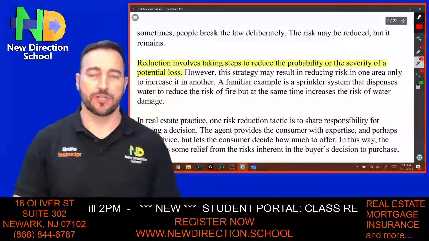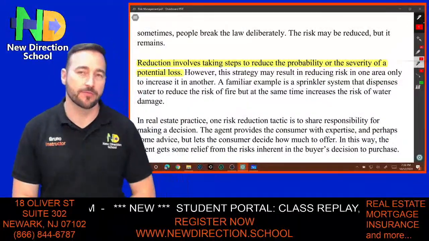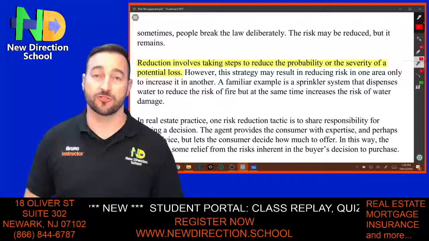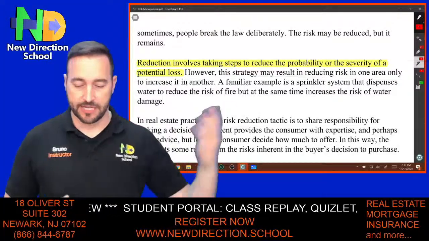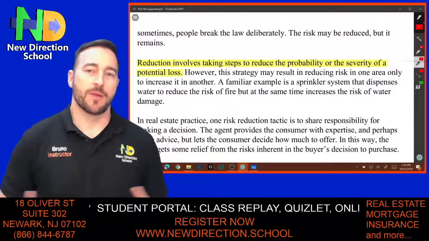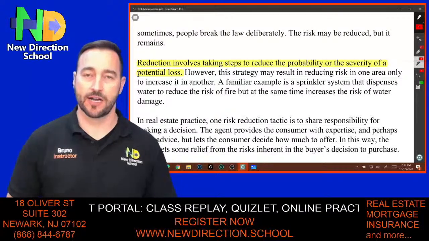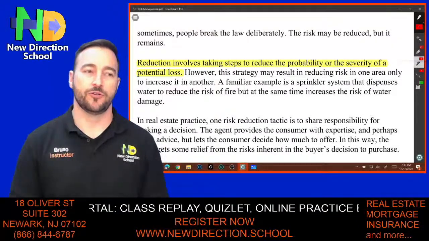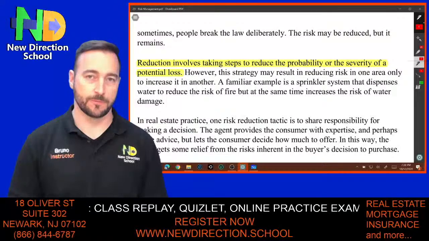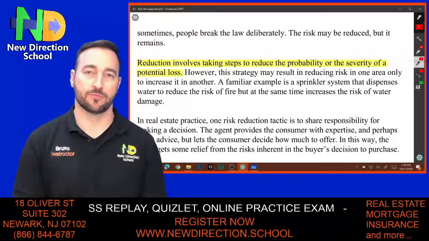Reduction involves taking steps to reduce the probability or the severity of potential loss. Imagine that you're going to a house as a professional, and your job requires that you look at all aspects of the property.